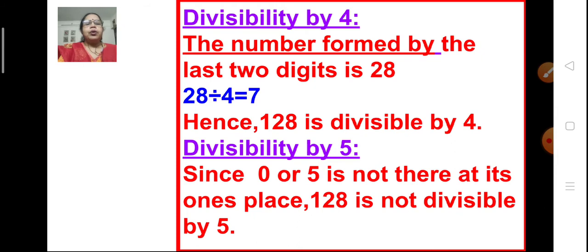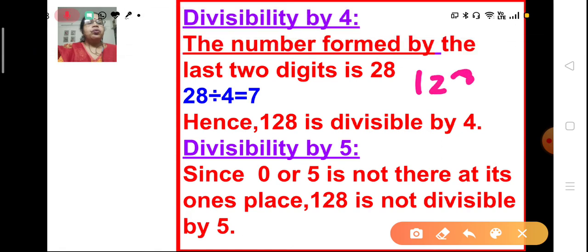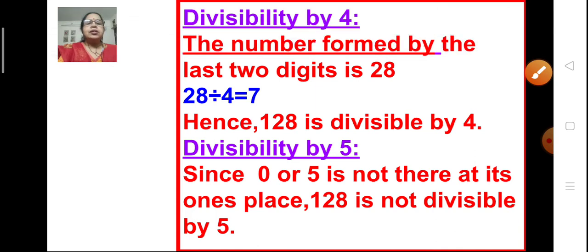Now in the number 128, we have 8 in ones place and 2 in tens place, and the number formed is 28. And we all know that 28 is divisible by 4, isn't it? 7 times 4 is 28, isn't it? So the number 128 is also divisible by 4.